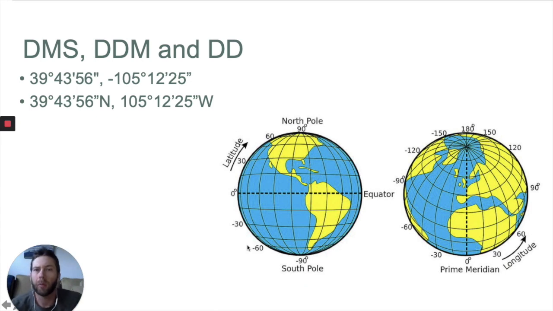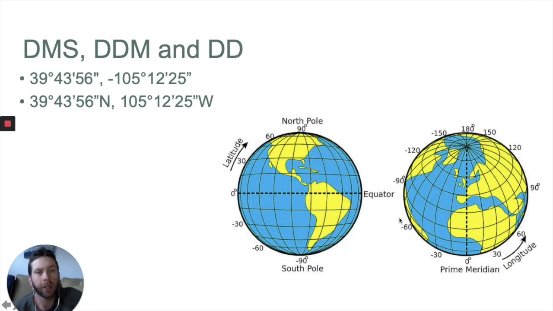So another way to think about particularly longitude is that you can look at the Earth as being a circle. If you're looking down towards the North Pole, you have this circle that goes out. And we all know that a circle can be divided into 360 degrees. So again, that's why we have 180 on this side and then 180 on the other side, making 360 degrees.